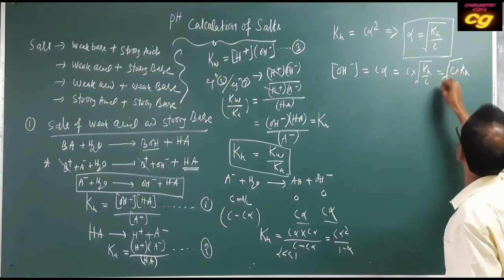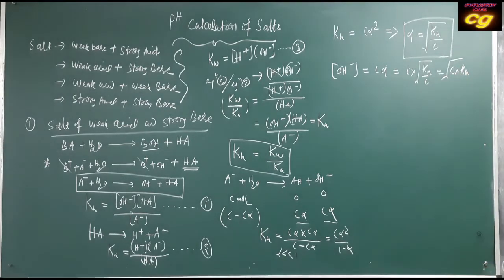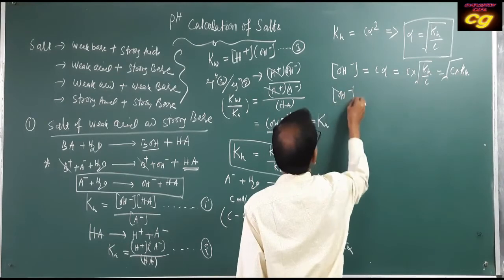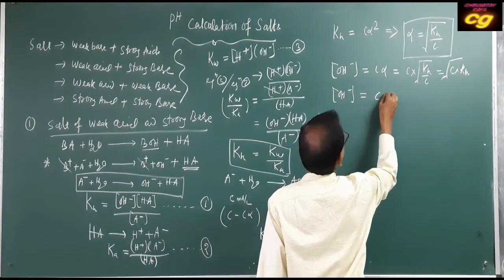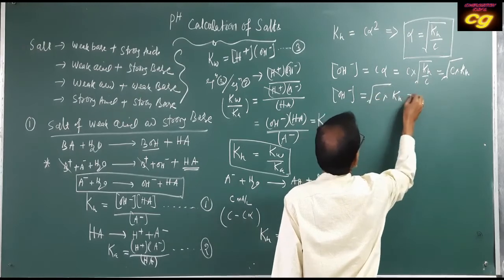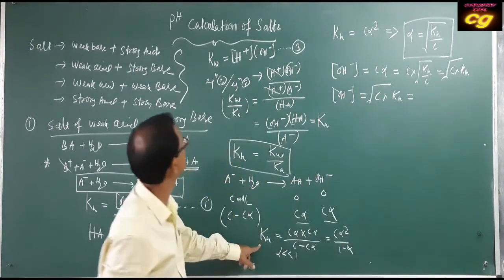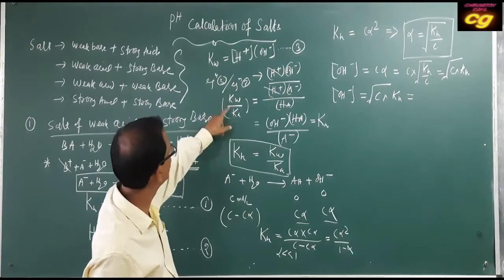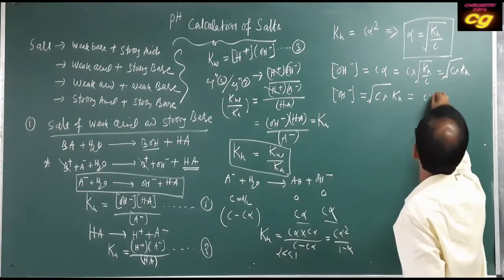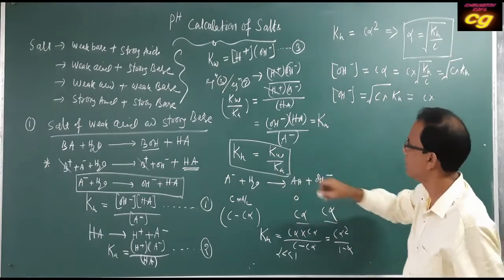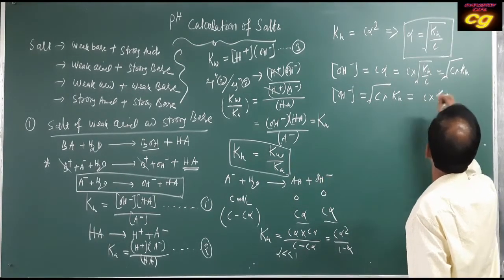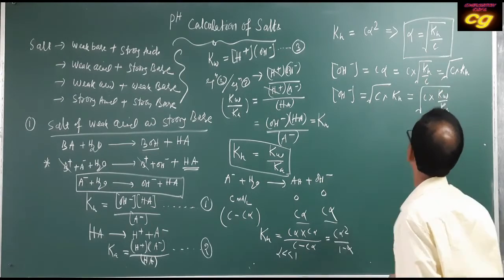So OH minus concentration is equal to square root of C into Kh. If you put the value of Kh in the form of Kw by Ka, it is square root of C into Kw by Ka.